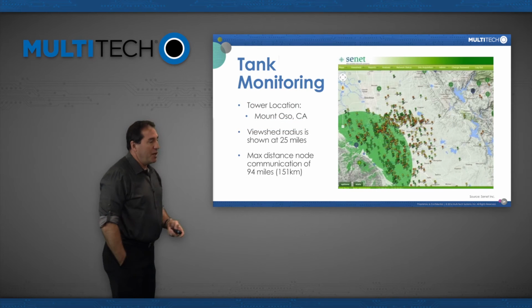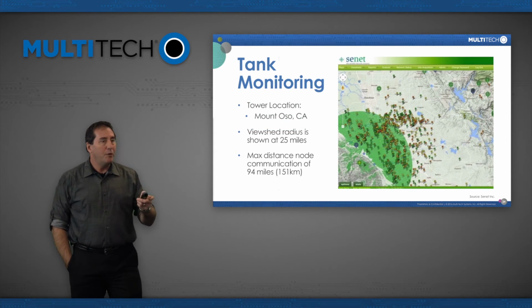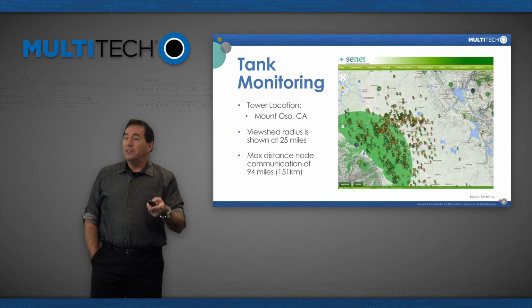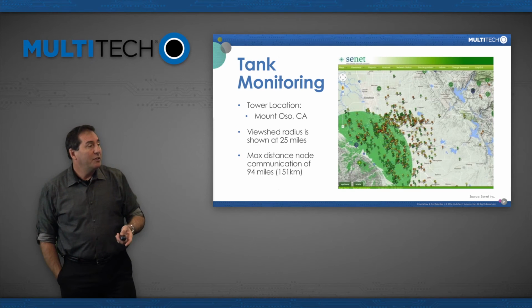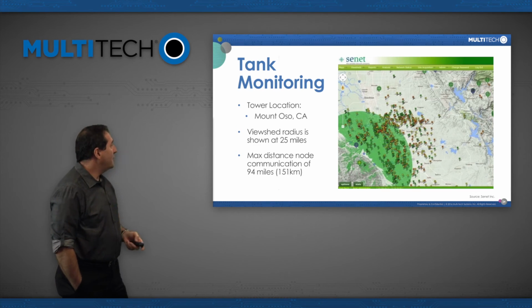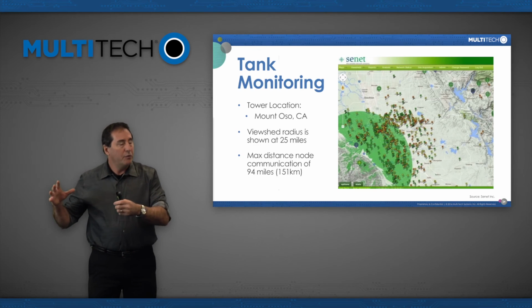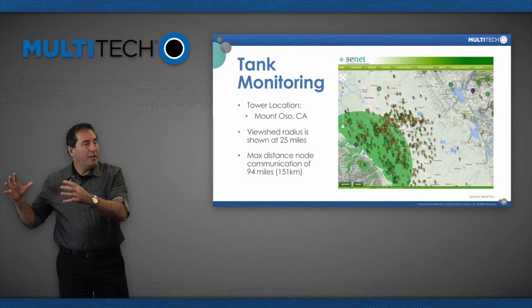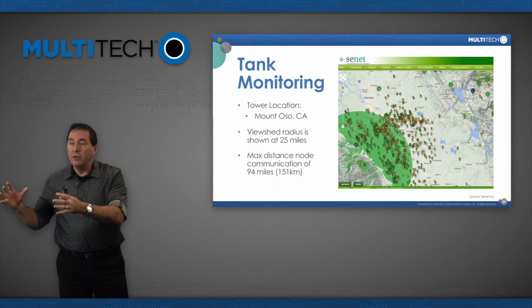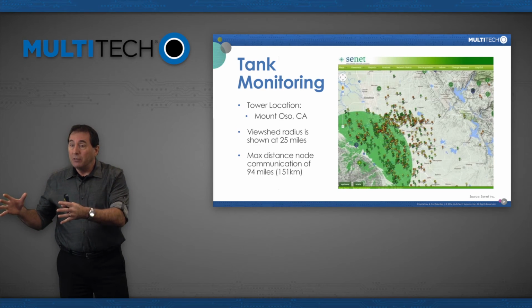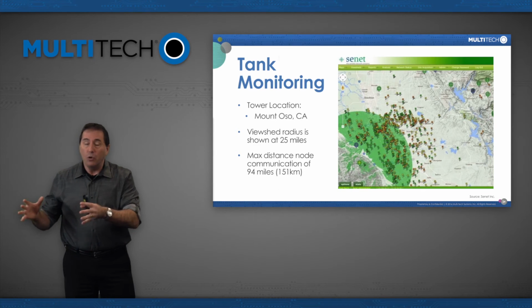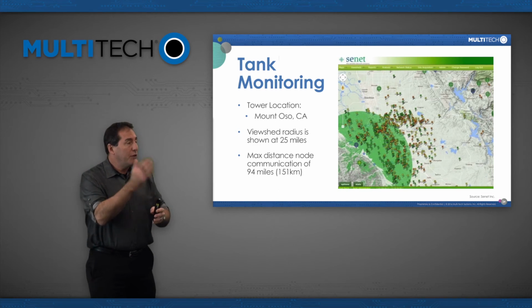So here's a couple of examples. I don't know how familiar you are with a company called Senet. Dave Chendall is their CTO. He's a great guy, and he provided me this. Among other things, Senet is creating a coast-to-coast public network for LoRa. That's their goal, and they service various vertical markets.